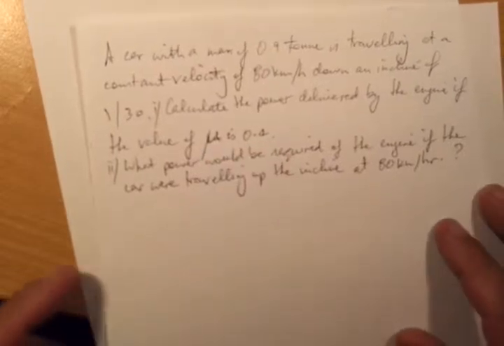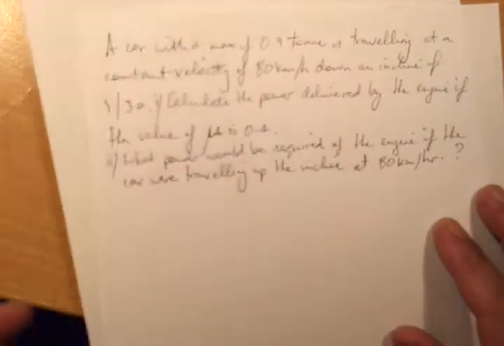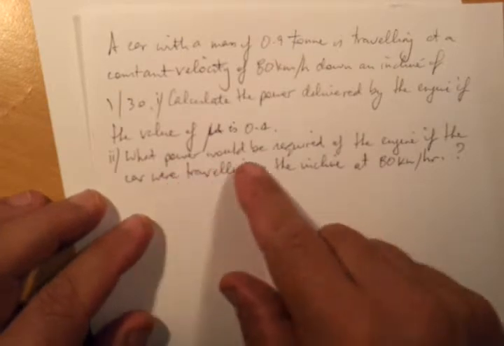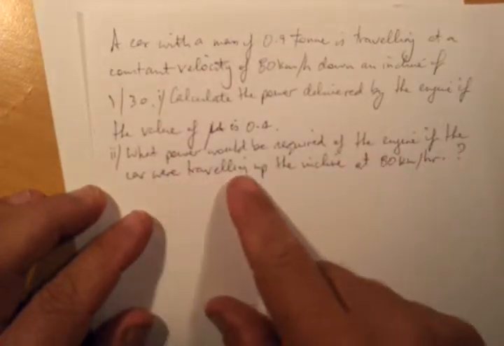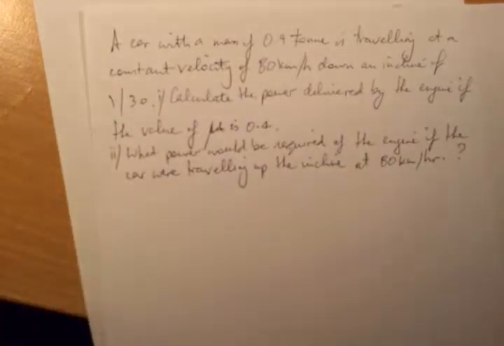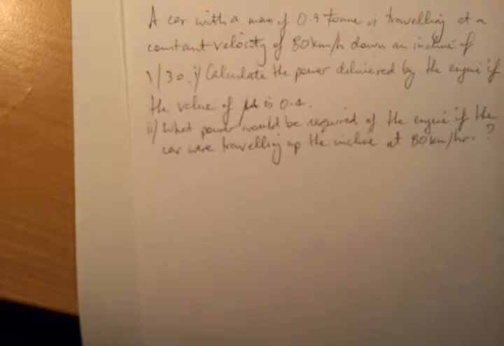Remember, mu is the coefficient of friction, so it can be static or dynamic, whichever one suits. And 2, what power will be required if the car were travelling up the incline at 80 kilometres per hour? Alright, so here's the question, a simple kind of calculation question that we should be able to work through and organise ourselves.